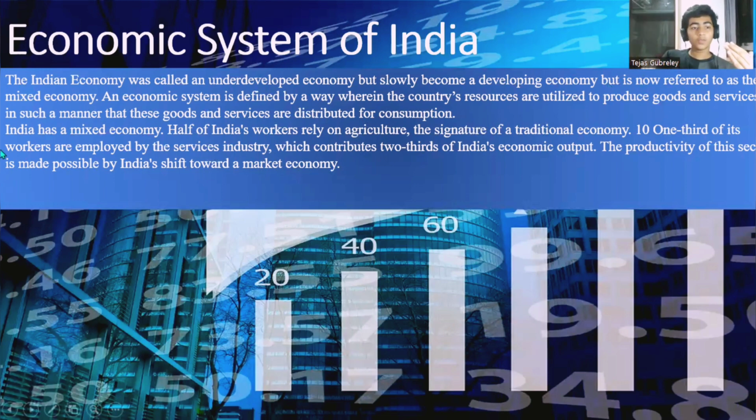So one third of its workers are employed by the service industry, like industries or factories, which contributes two-thirds of India's economic output. The service industry provides two-thirds of India's economic output, and agriculture provides the remaining one third.